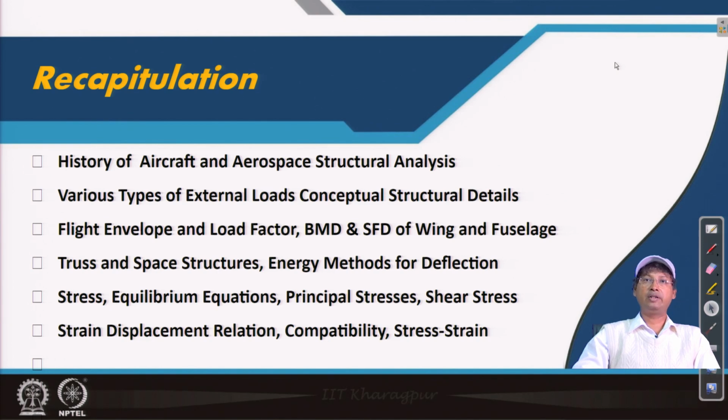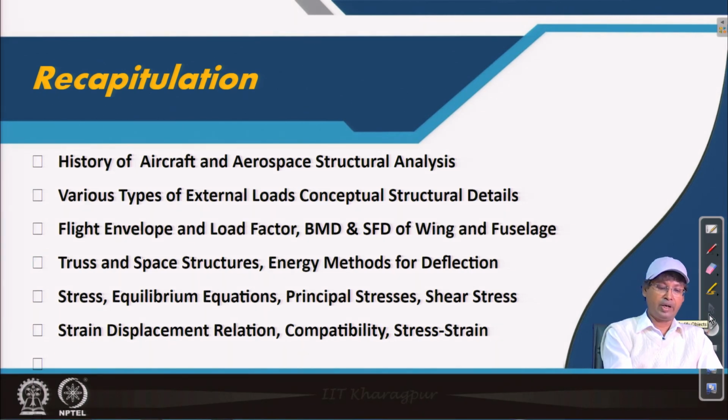But after that, the most important thing we have derived is related to the strain displacement relation. The strain displacement relation we have derived from the tensor calculus approach, or considering vectors and tensors, and then we got the complete equations of strain displacement including the nonlinear terms.